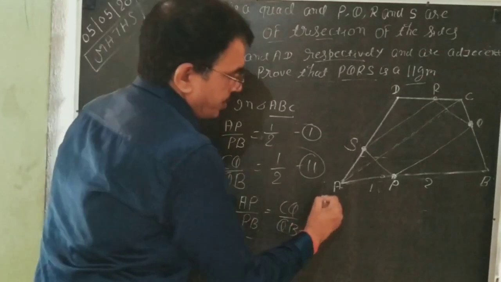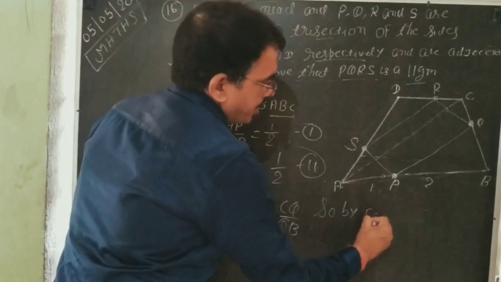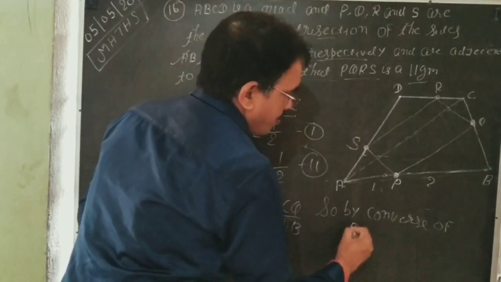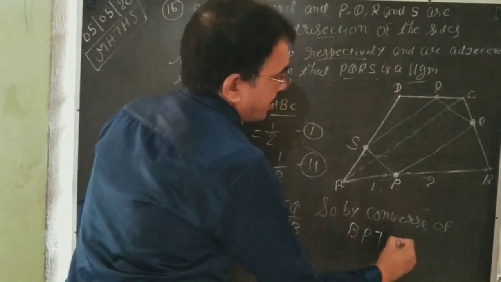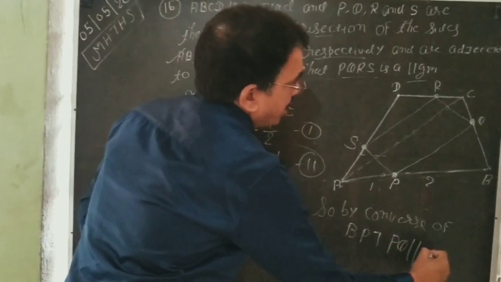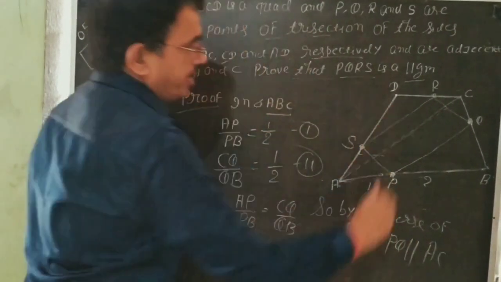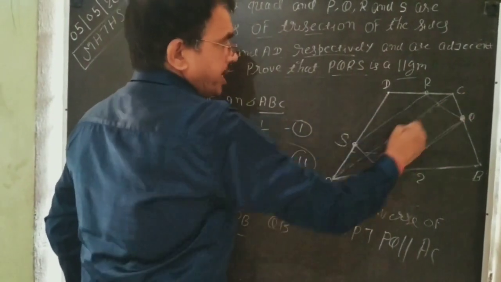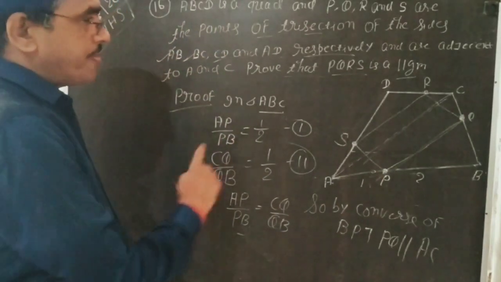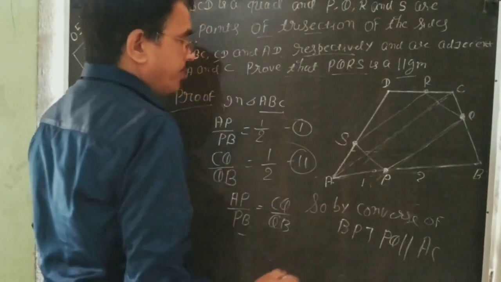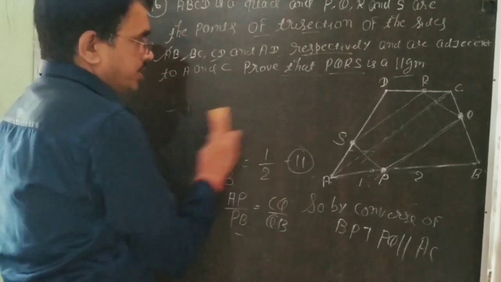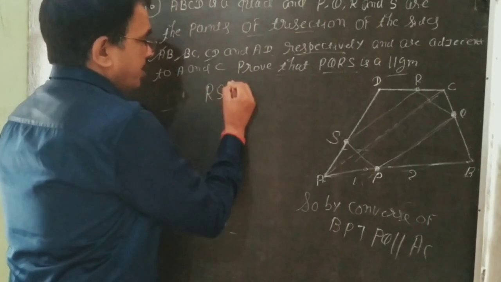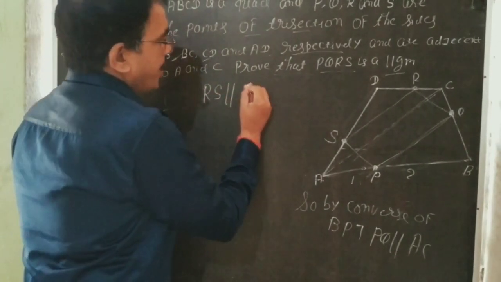So by the converse of Thales theorem, or the converse of BPT, PQ is parallel to AC. This is the main thing. That means this line PQ is parallel to AC. Similarly, you write this RS is also parallel to AC.